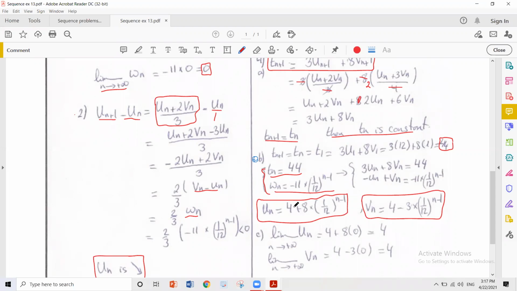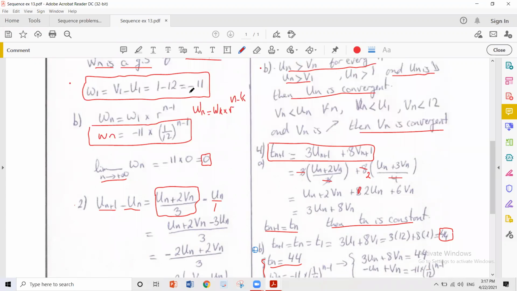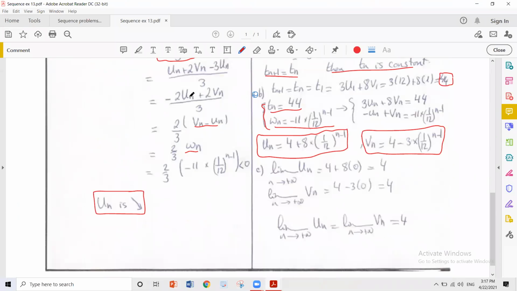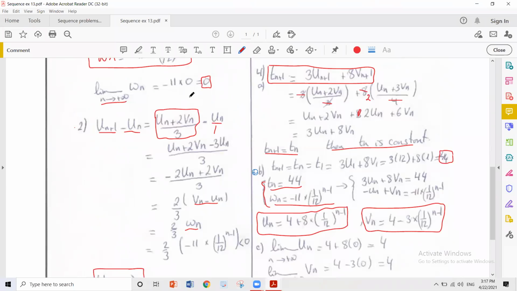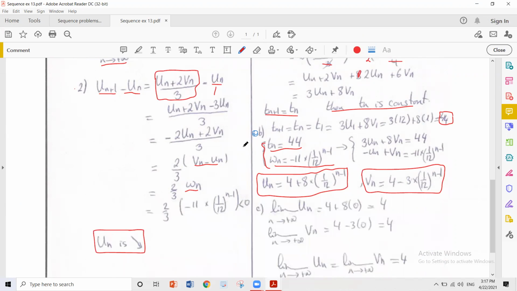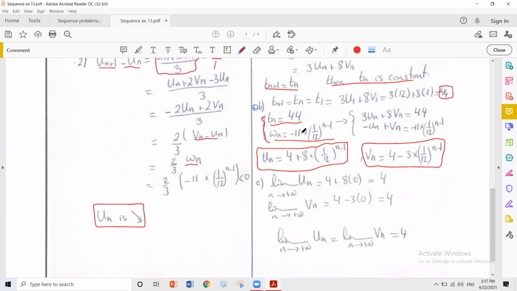Professor, the second equation, where did we get it from? We found Wn above, here. Wn equals minus 11 times 1 over 12 to the power n minus 1.